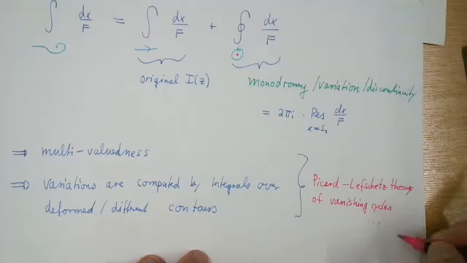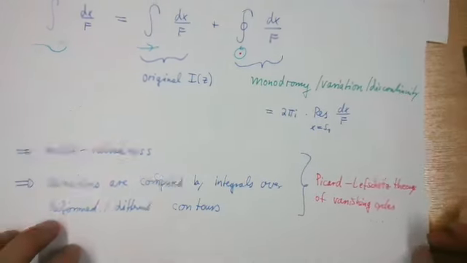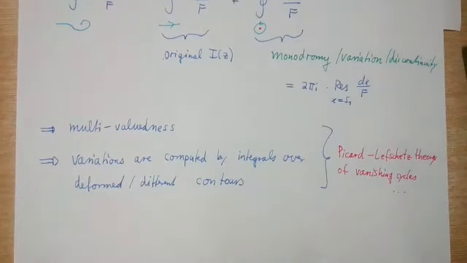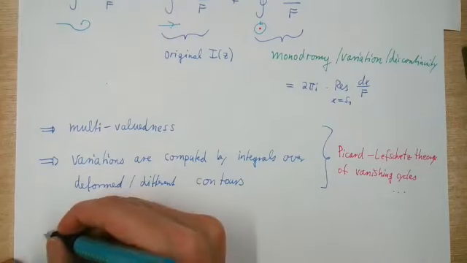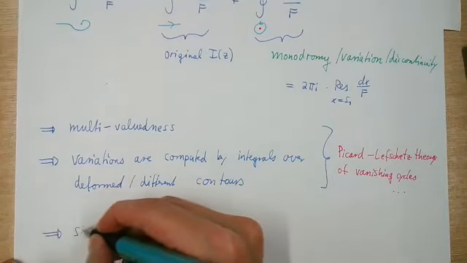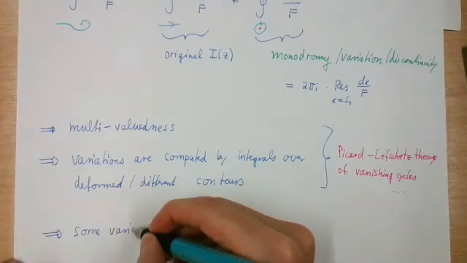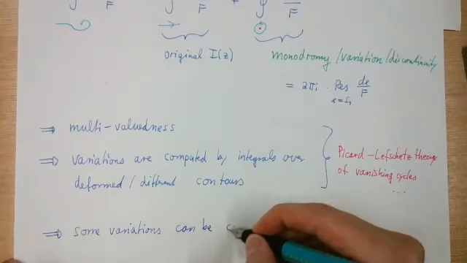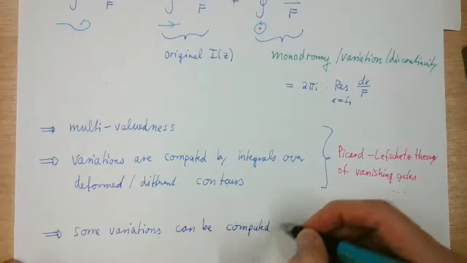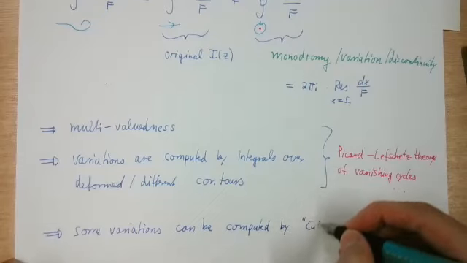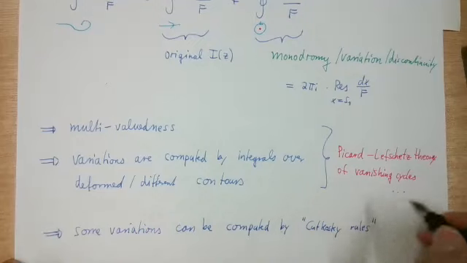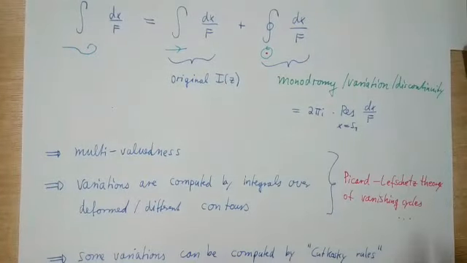So there is a theory that explains how to do this in principle, in general, but as I said, it's very complicated and there are lots of subtleties. And there are some cases, some variations, that can be computed by Cauchy rules. So in case you have come across this, this is a special case of this setup. But I don't have time to go into more detail.